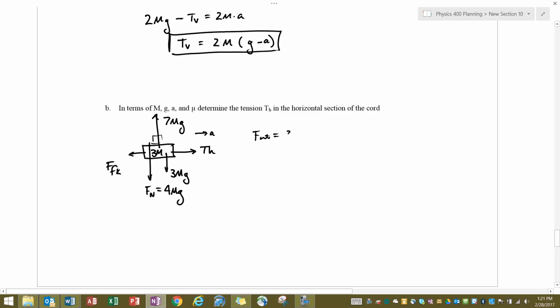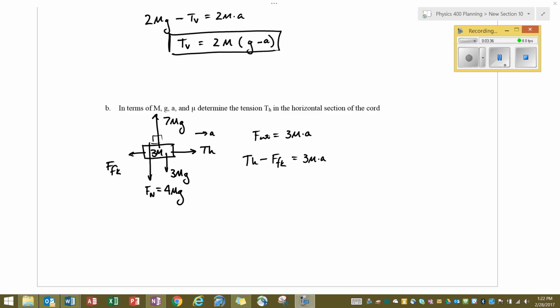That's going to be equal to 3m times a, and that force will be TH minus Ff, that's equal to 3m times a. Now I'll be able to do some substitution to finish this thing off.